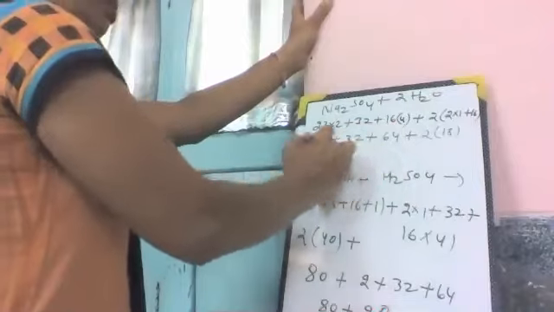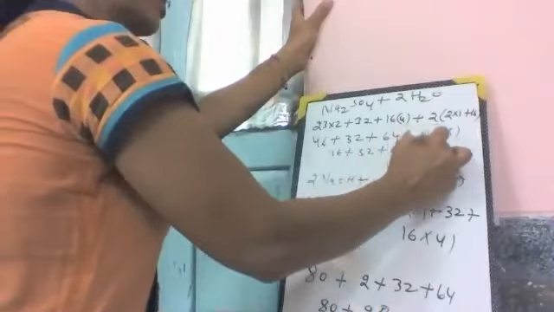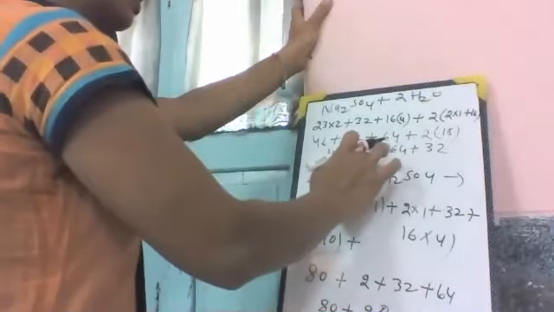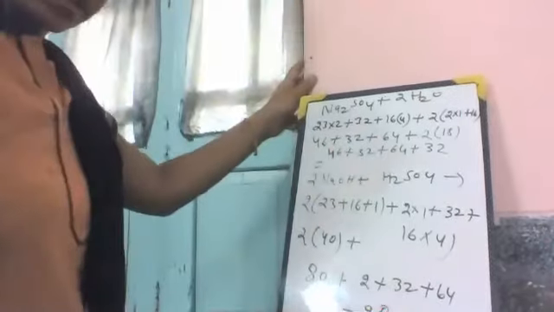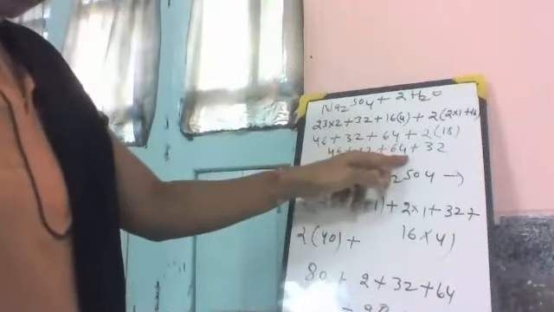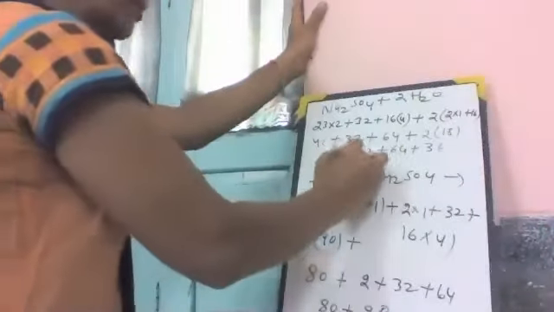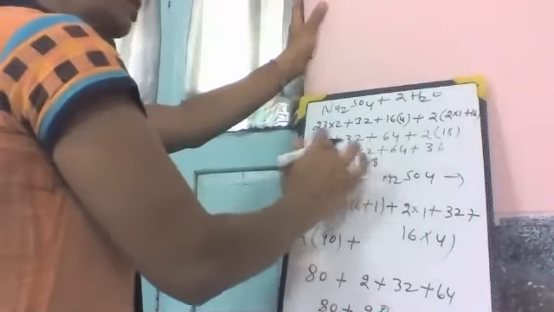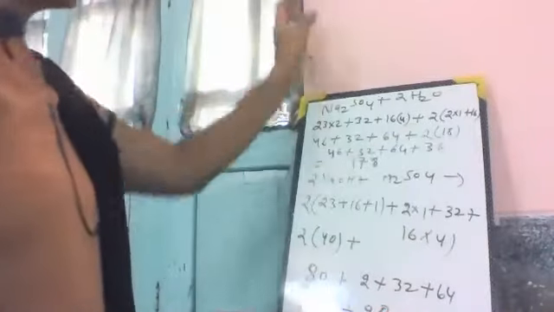Now 46 plus 32 plus 64 plus 36 gives 178.